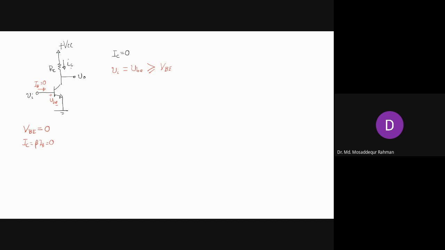IC is the signal current, and it will flow in accordance with the variation in the base to emitter voltage.